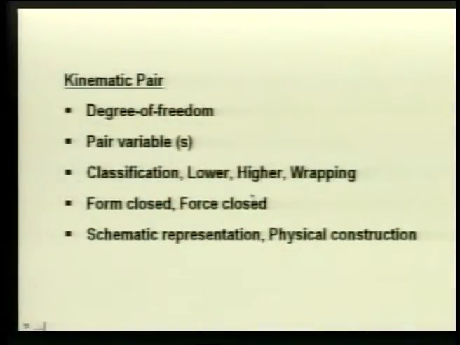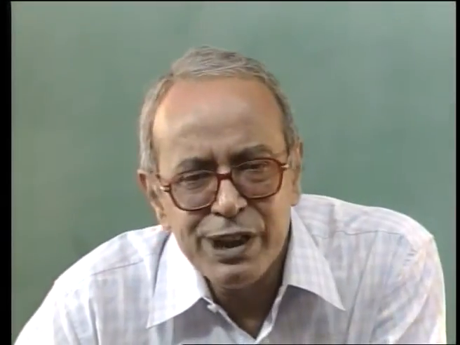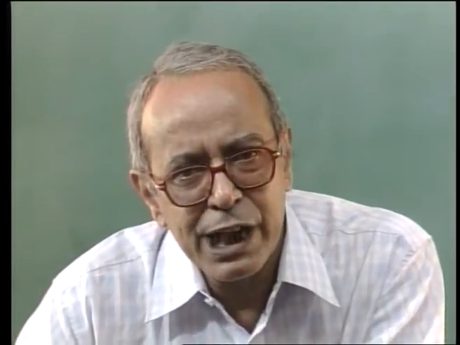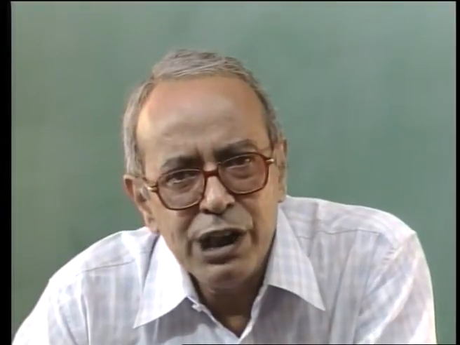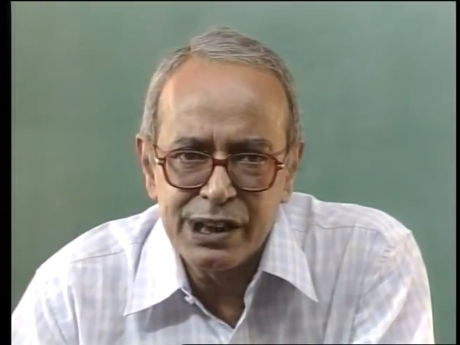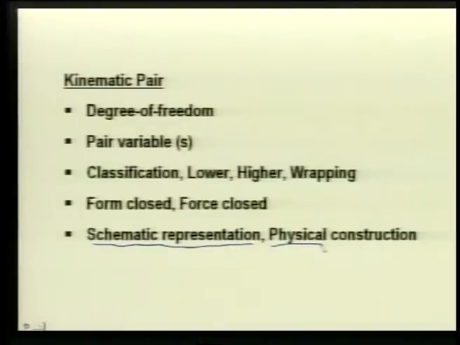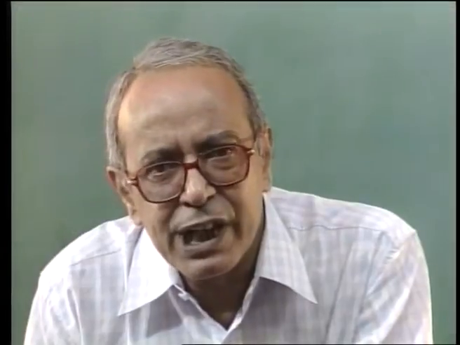Next, we shall discuss all these various kinds of lower pair, higher pair through their schematic representation. I want to insist that the diagrams that will be shown is only for the schematic representation. Their physical construction can be very different, as will be exemplified when we get into specific kinematic pair.